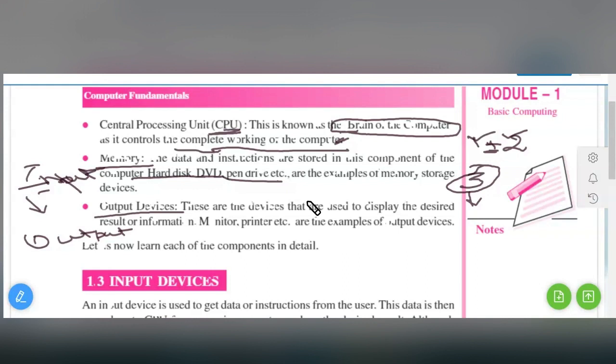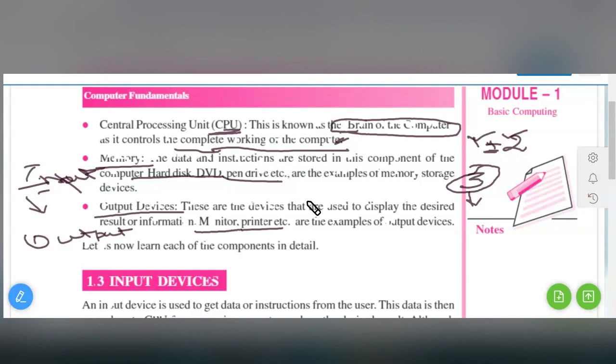One device that helps me do that is the monitor, through which I can see the information of what is done in the system. Another one is printer. Printer is another output device. That means whatever is done, I can take it in the form of a paper or printout.